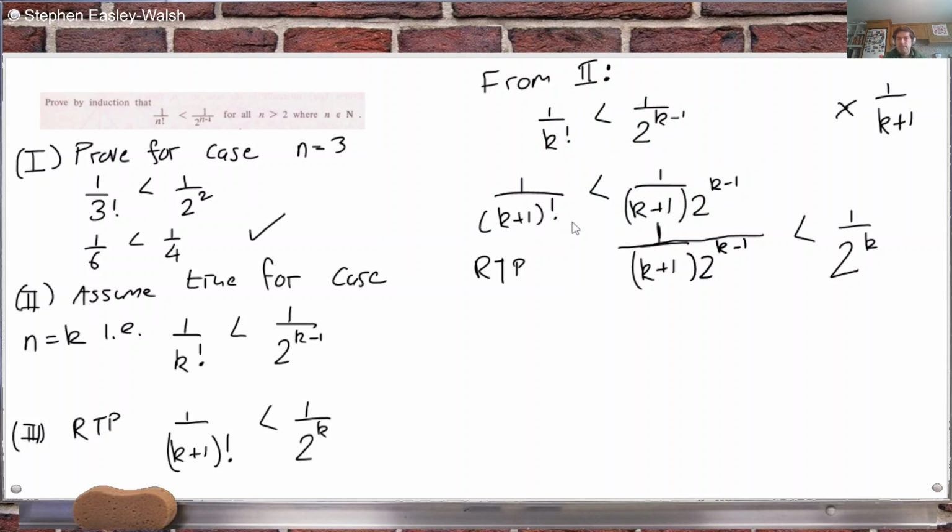Okay. I think maybe because k has to be positive, because everything has to be positive here, I can rearrange this as follows.